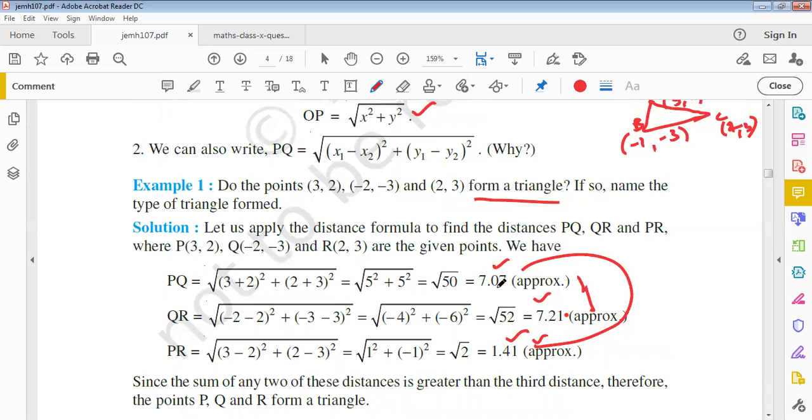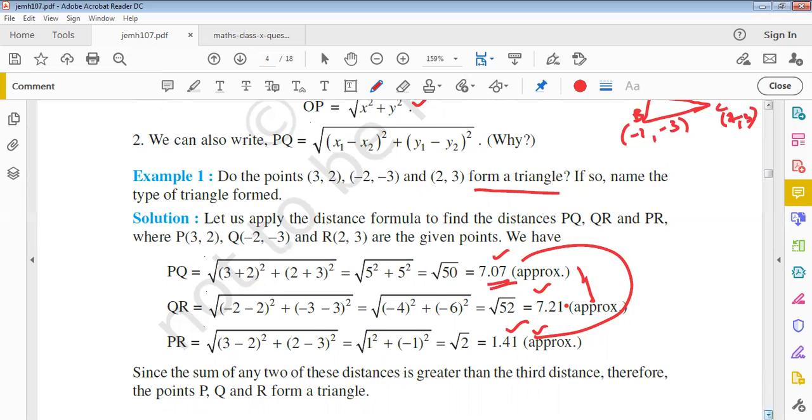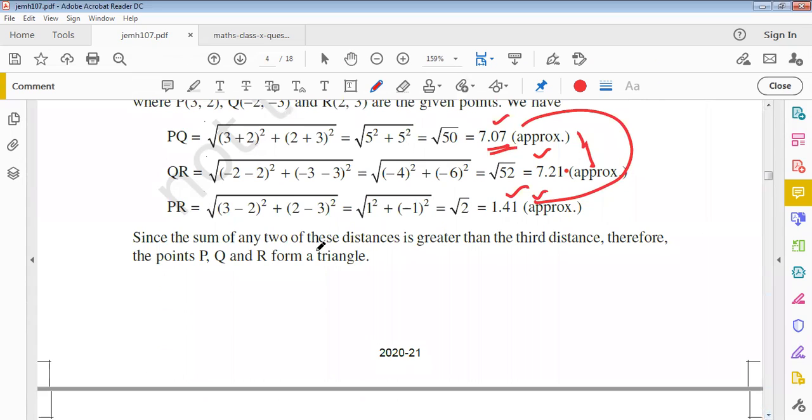Yes, it is true. So the sum of any 2 of these distances is greater than the 3rd distance. Therefore, PQR forms a triangle. Otherwise, they will not form a triangle if they do not satisfy the condition.